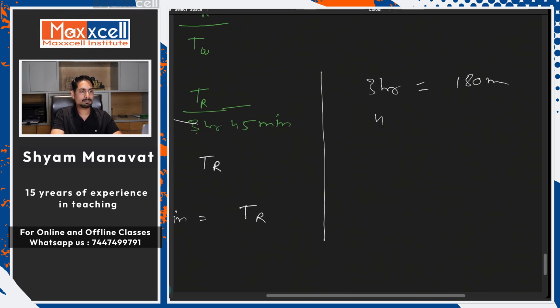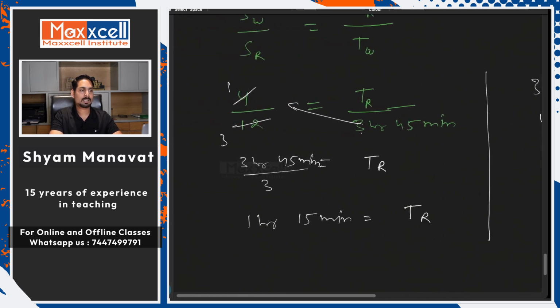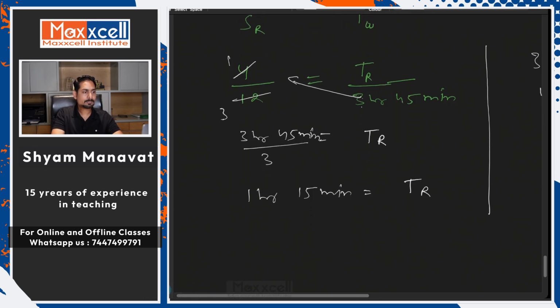If you add another 45 minutes here, you will get 225 minutes, and you can substitute this here, and if you do the calculation, you will still get the same answer. That's up to you. 1 hour is 60 minutes plus here 15 minutes.